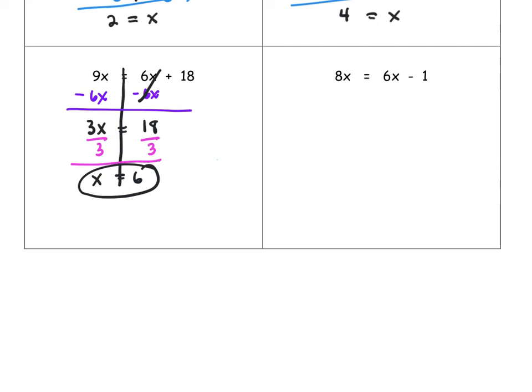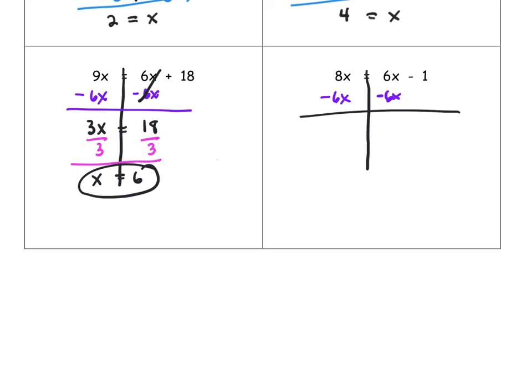So let's walk through this. On your own, which term do you think you should eliminate, 8x or 6x? I would encourage you to eliminate 6x, not necessarily because it's weaker, but because it's on the side with the constant. And that will keep you from having to do an extra step in solving.